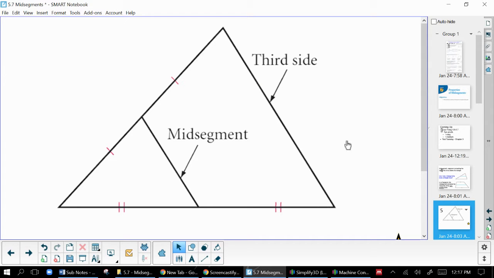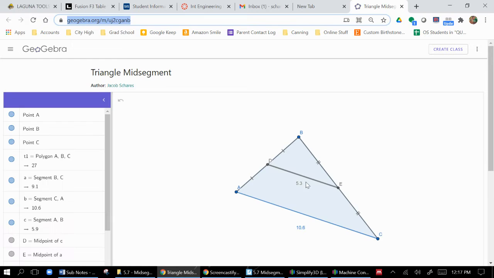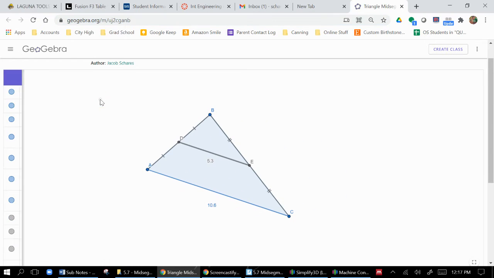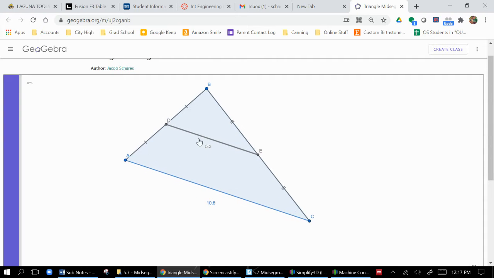I'm going to guess you'd probably have some ideas about this. First thing here, if I go ahead and make this, there we go, is the length. So if you take a look at this triangle here, our side here is 10.6, our midsegment here is 5.3. It is exactly half of the side.